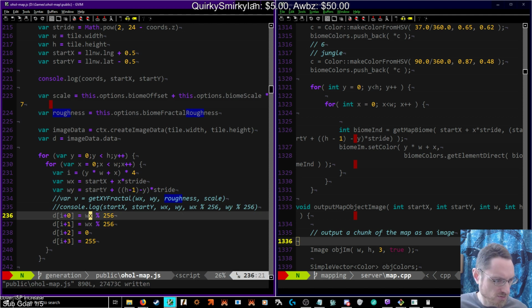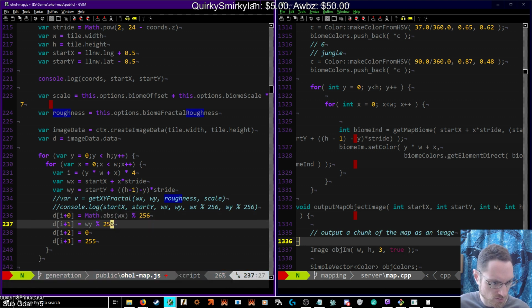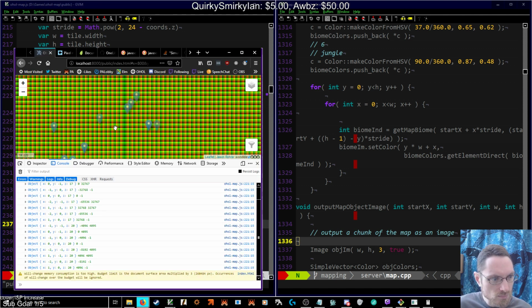But if I'm going to use these as color values, I need to... Oh, okay, so abs is the wrong function.